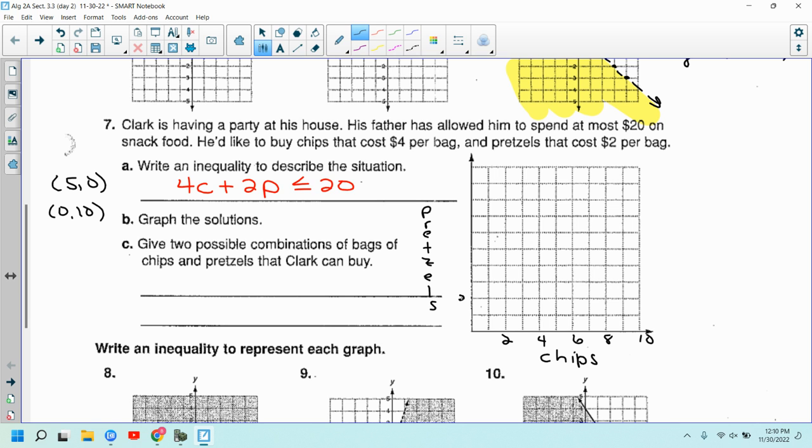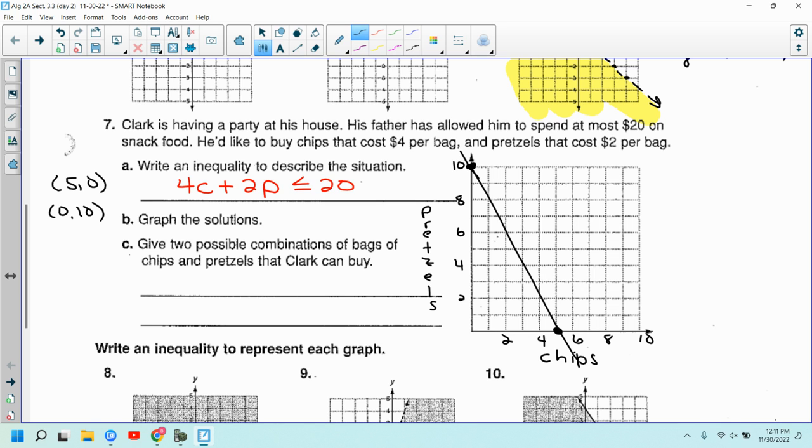And then here I'm going to go 2, 4, 6, 8, 10. So (5, 0) will be here. (0, 10) will be here. Go ahead. Connect that with a solid line.